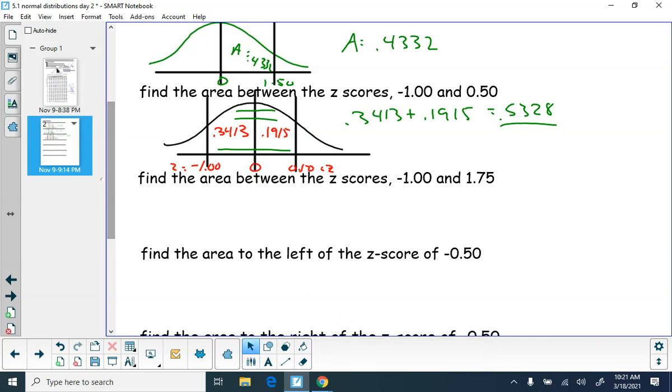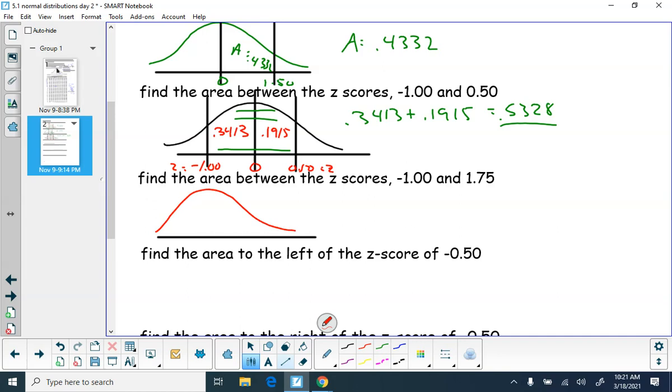From -1 to 1.75. Go ahead, draw your bell-shaped curve. You're going from -1 to positive 1.75. Find your two table values. What are we going to do with those two table values? Check your answer with somebody around you.